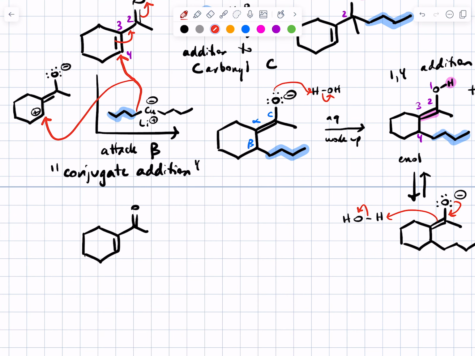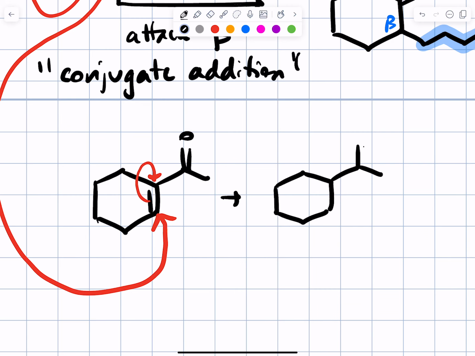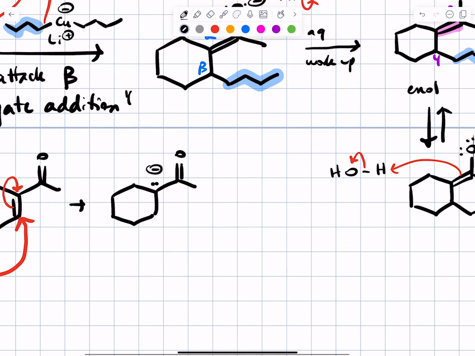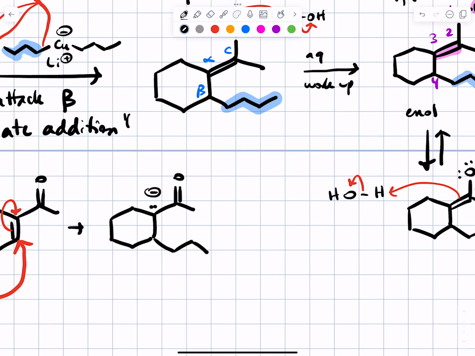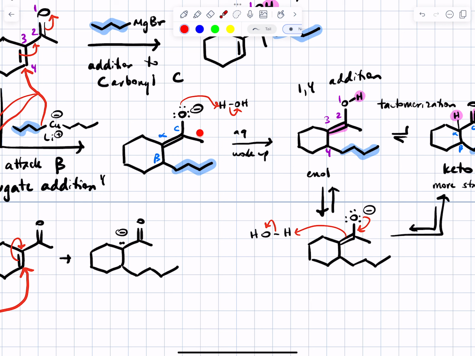So what you just described is this: attack the beta carbon and electrons go on to the alpha carbon. That gives you this resonance structure, which hopefully, oops, I'm missing some carbons. Hopefully you can see that this is a resonance structure of this.